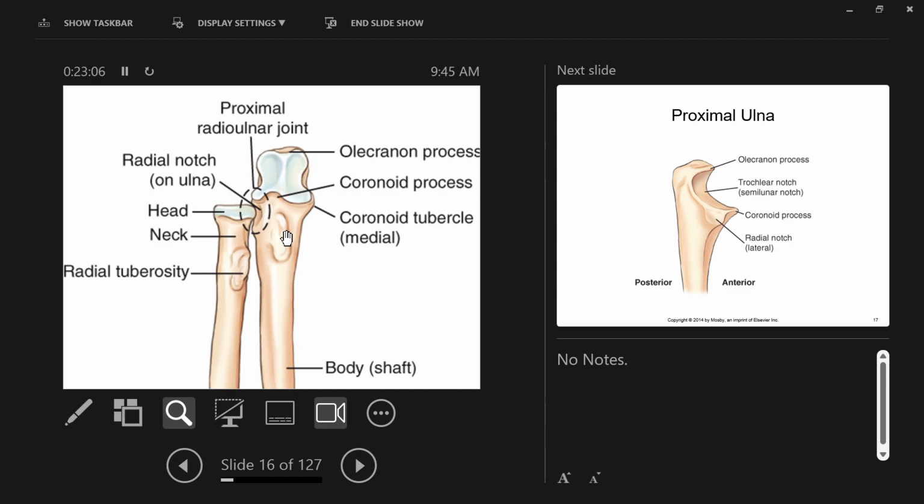Coronoid process and olecranon process, you're seeing them like that right now, looking straight on at them, but really they're like a half circle. This is a cup, okay? The ulna makes a cup like this, and we're just looking straight on at the cup right now. From the side, you would be able to see that it has a definite U shape to it.